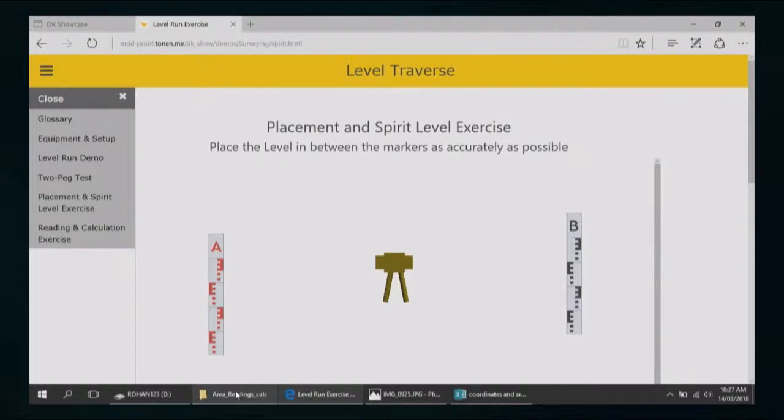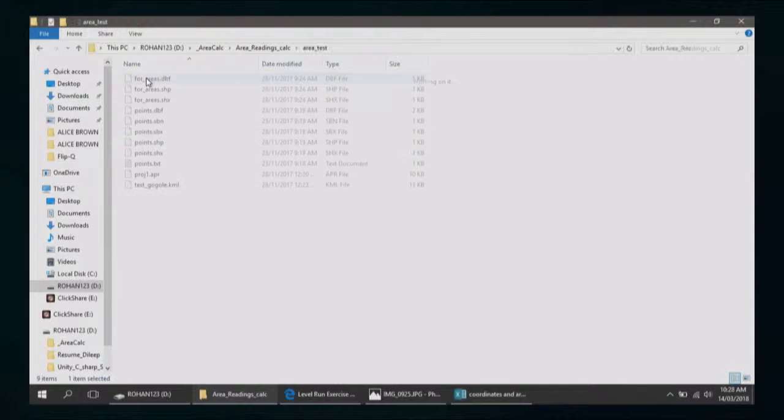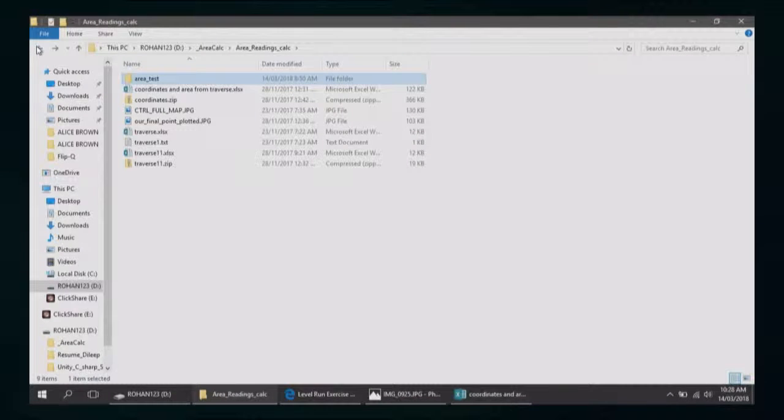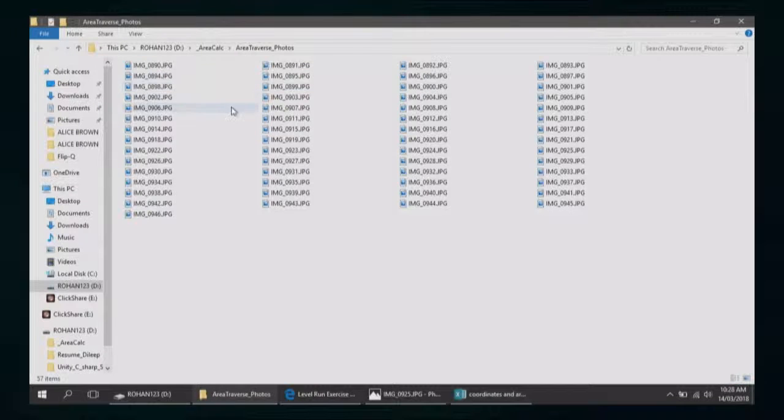The second part of this resource was to calculate an area given 4 points. Once again, I went out with Nabrat Subedi and I did the exercise myself. And while we were doing the exercise, I took some photographs to understand the process.